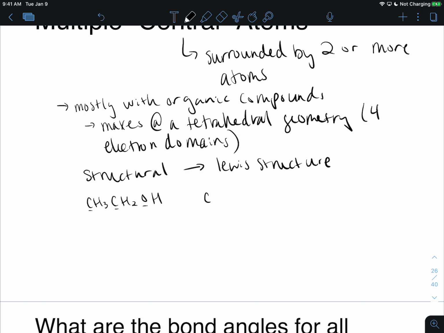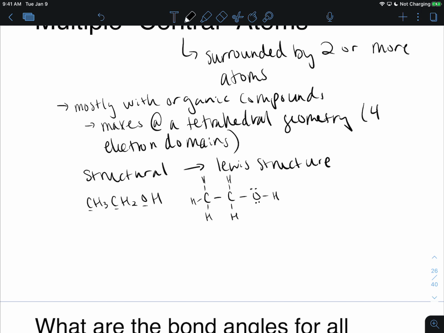So we have a carbon connected to a carbon, connected to oxygen, and then we just place the hydrogens around it, like so. Now, we don't have a complete Lewis structure yet because not everything has an octet. We're going to assume on these that they're going to all have an octet, so this structure would look like this, and this is ethanol.